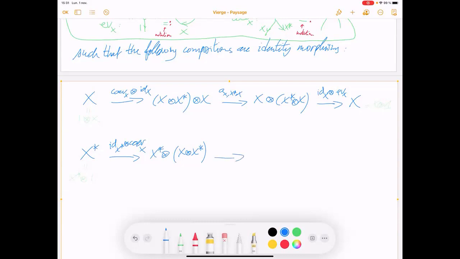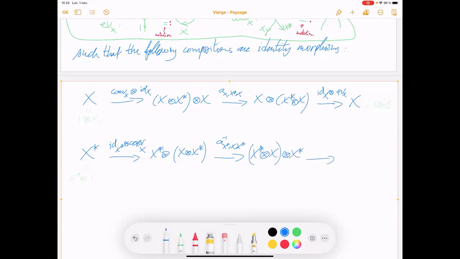And then you apply the inverse of the associativity constraint, and you get X star tensor X tensor X star.